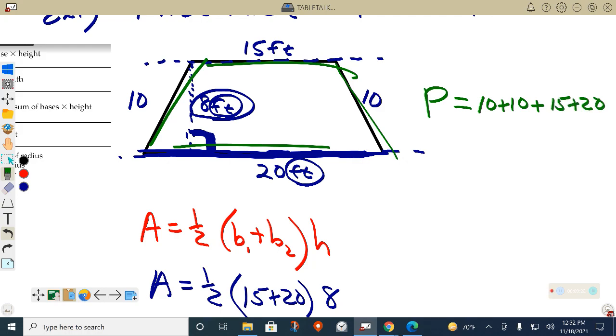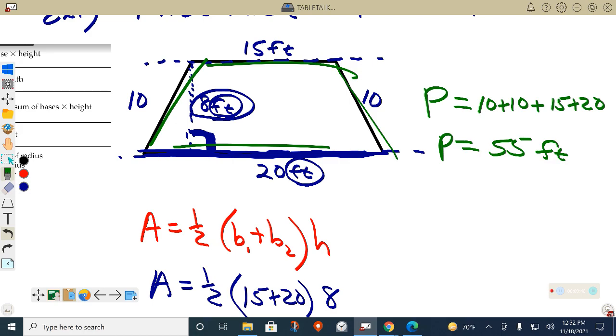Perimeter is easy. There's no special formula for perimeter. Just add up the sides. So perimeter then is 20, 40, so I got 55. 55 feet, not square feet, just normal feet. The distance around the trapezoid is 55 feet.